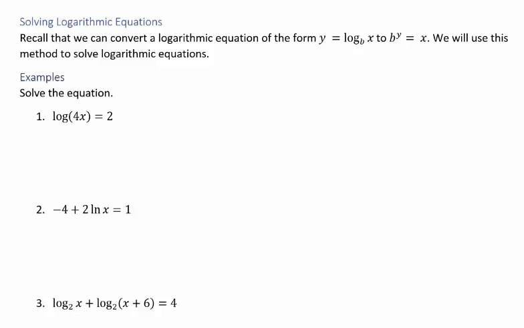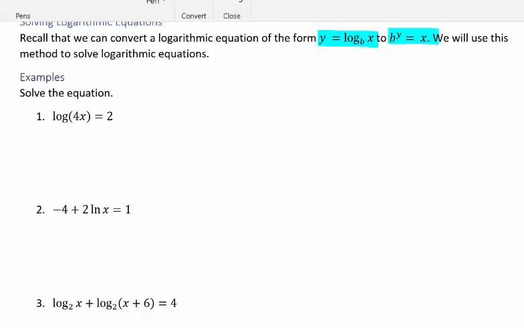We can solve logarithmic equations by converting them to exponential form. Recall that if y is equal to log base b of x, then b to the y is equal to x. For this first example, log of 4x is equal to 2.